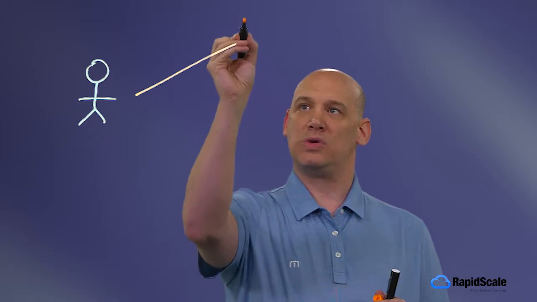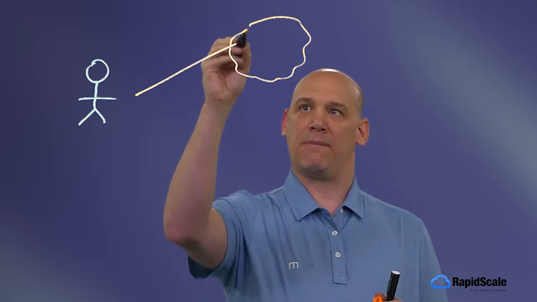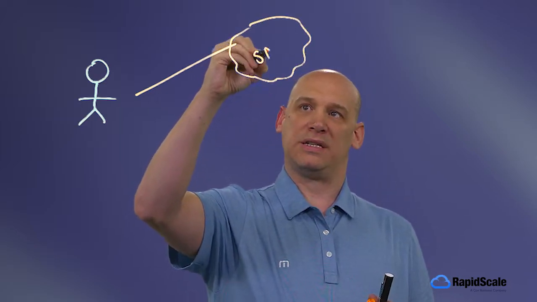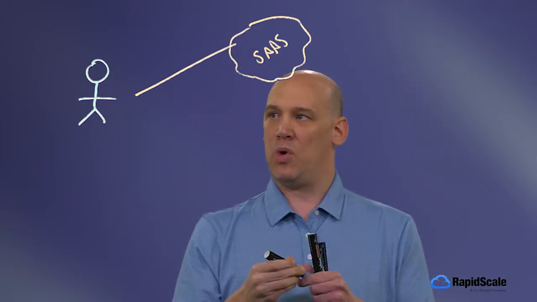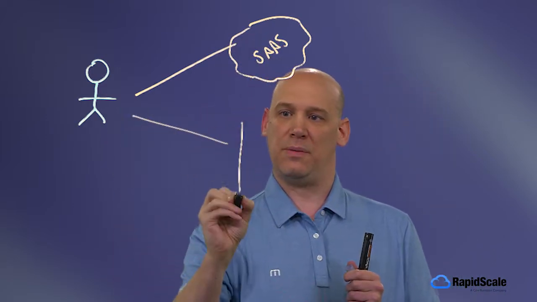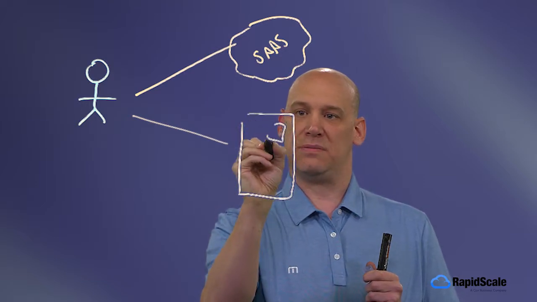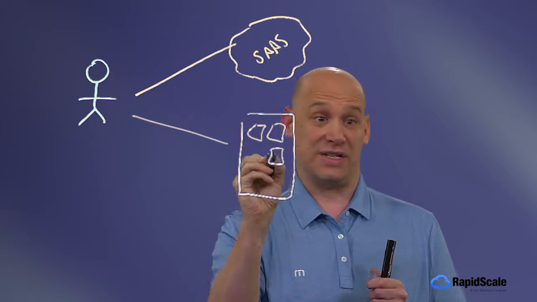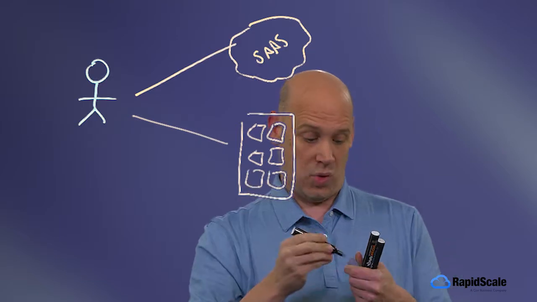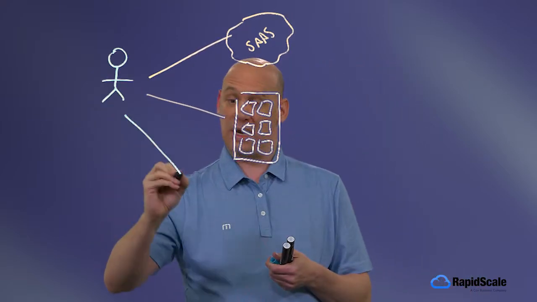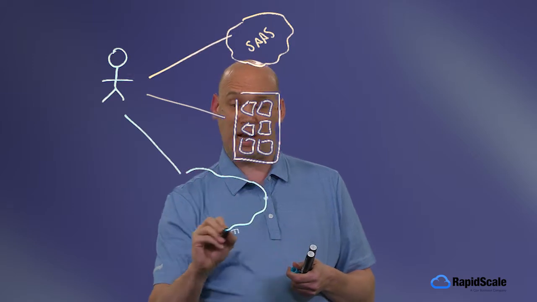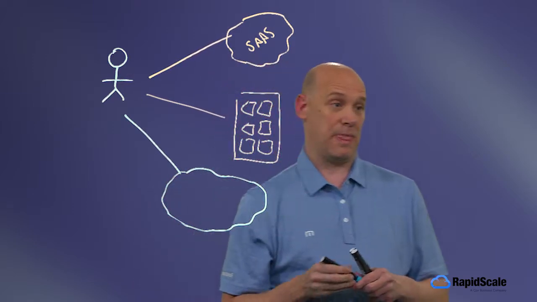So here's me, and today I'm connecting to multiple services. I'm connecting to SaaS services today. I'm also connecting to services that are provided by my organization. I'm also connecting to services in the multi-cloud environment.